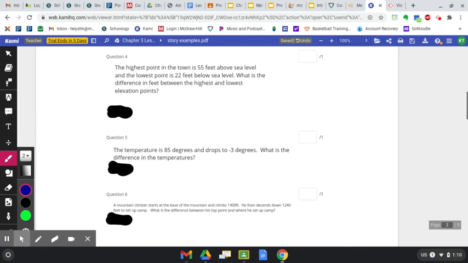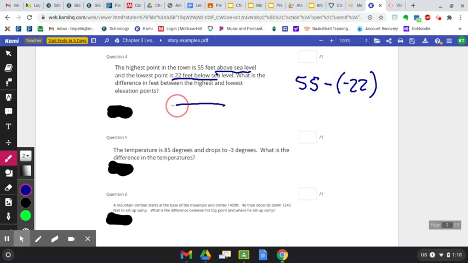All right, and we talked about difference between elevations, right? It says the highest point in the town is 55 feet above sea level, right? So we'd represent that as a 55. And the lowest point is 22 feet below, right? So I'm going to subtract, and 22 feet below is negative 22, right?